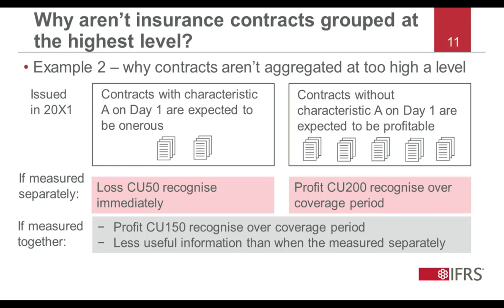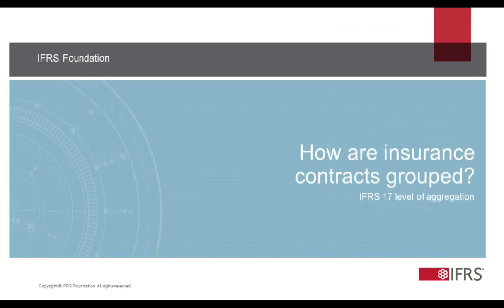The board thinks that offsetting the losses of the group of policyholders with characteristic A against the unearned profits of the rest of the policyholders would result in the loss of useful information. The board regards information about onerous contracts as useful information about an entity's decision on pricing contracts and about future cash flows, and wanted this information provided on a timely basis.